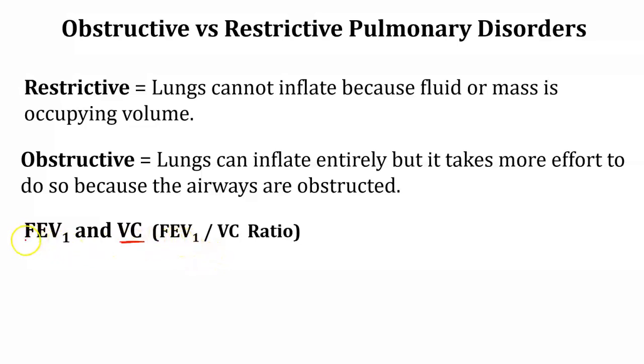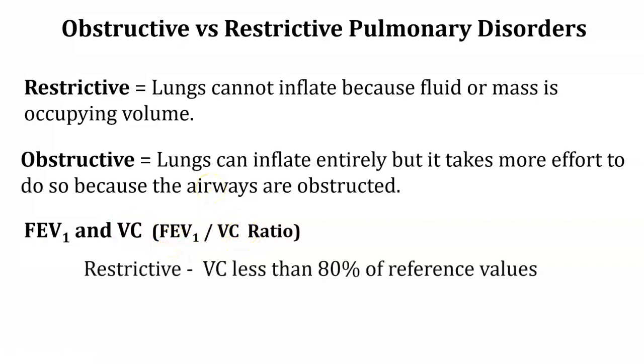Well, if you know what the FEV1 is and the vital capacity, you can determine quite a bit from that. And oftentimes this is done using what's known as the FEV1 and vital capacity ratio. So in essence, if there's a restrictive disorder, you would expect it might not necessarily affect the FEV1 all that much, but it will affect the vital capacity because remember, something's taking up the space, so there's just not as much displacement that can occur because they've got a mass or some fluid taking up room.